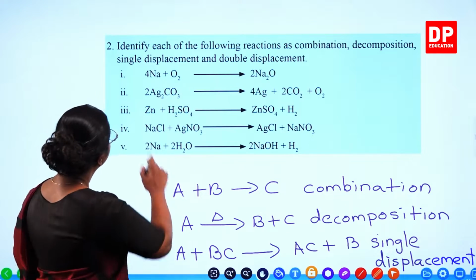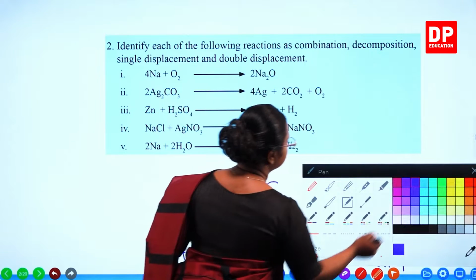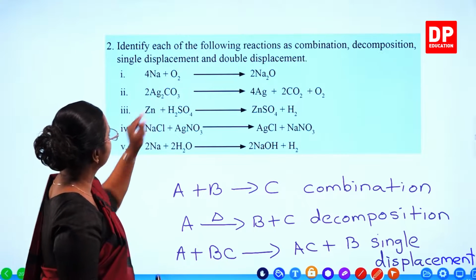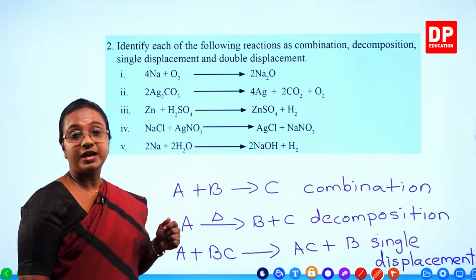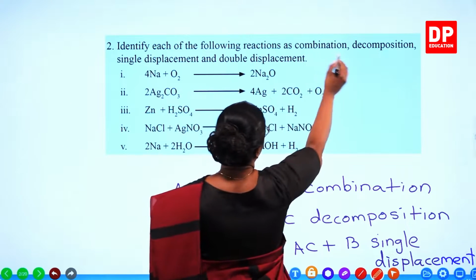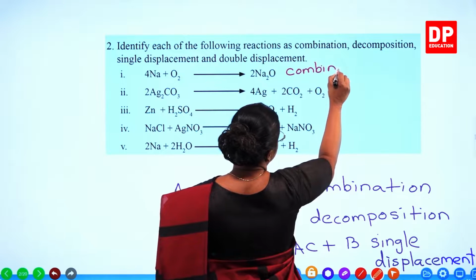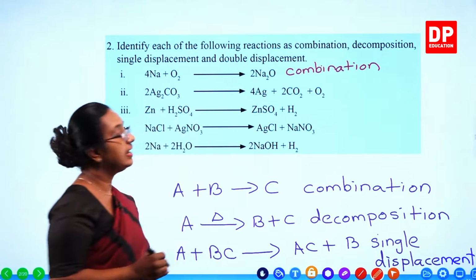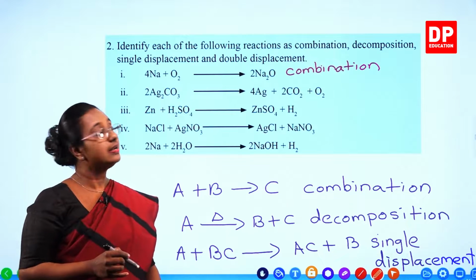So here we have the first one. Sodium and oxygen, 4 sodium plus 1 O2 giving rise to sodium oxide. Easily you can identify it is a chemical combination reaction. So here I will write it as combination. They have asked us to identify them as combination, decomposition, single displacement and double displacement.